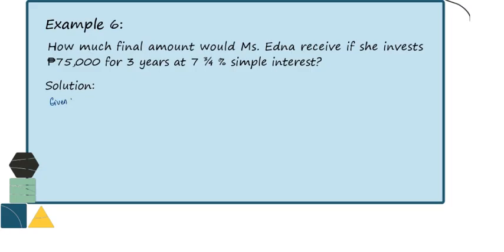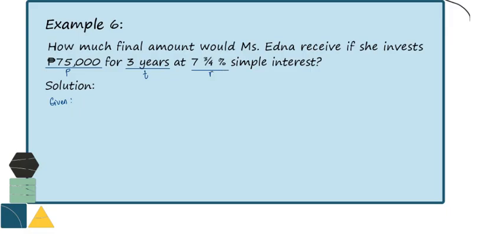Yung given there is 75,000 pesos. Miss Edna invests 75,000, so basically this is our principal. And then 3 years here is going to be the time, because that's the SI unit for time. And then yung 7 and 3/4% obviously is our rate.